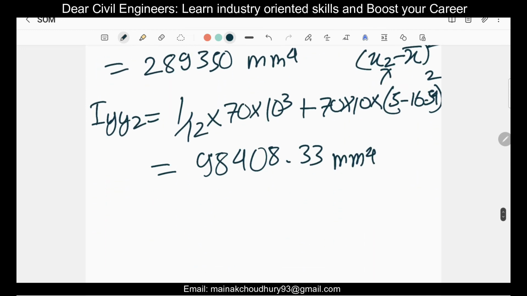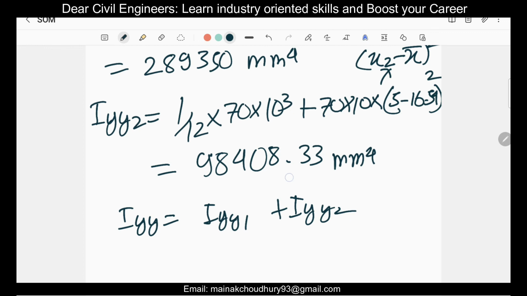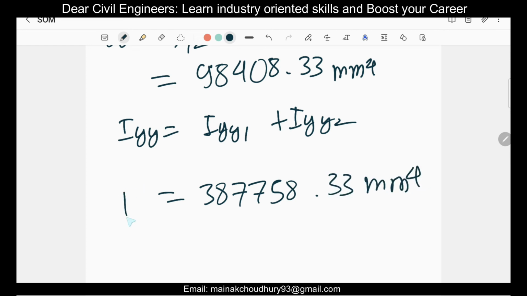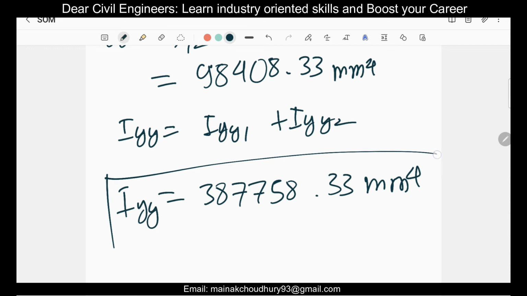So like this, if you just add it, Iyy equals Iyy1 plus Iyy2. It will come as 387758.33. Your answer may have some variations in the decimal, so that won't matter, but I hope you have got the concept of this. So like this you can calculate the moment of inertia.